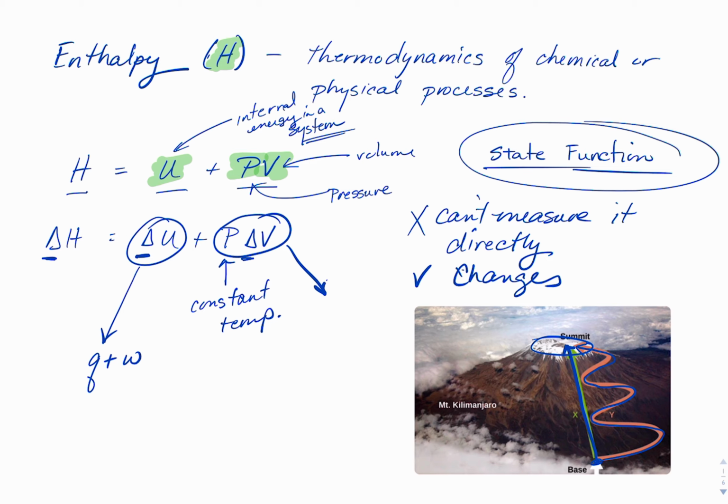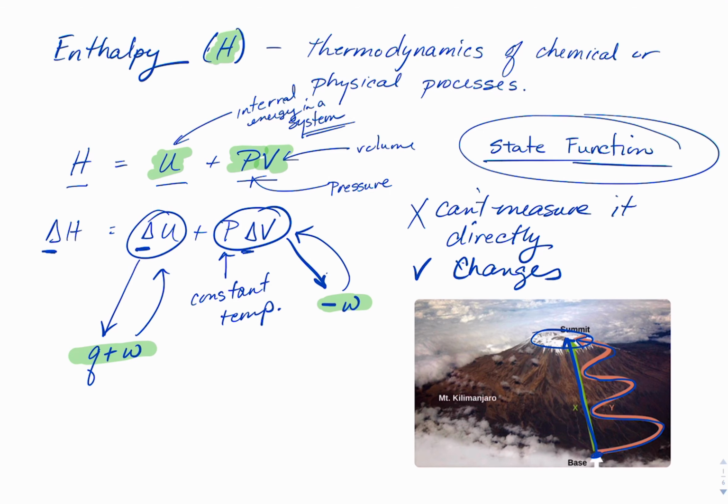And that can actually be set equal to negative W. If we plug these two values back into that equation in place of those particular sections, then we get delta H equals Q plus W, and then P times delta V equals minus W.